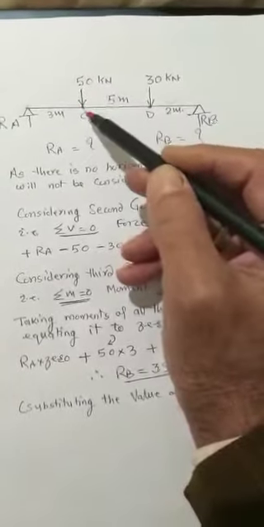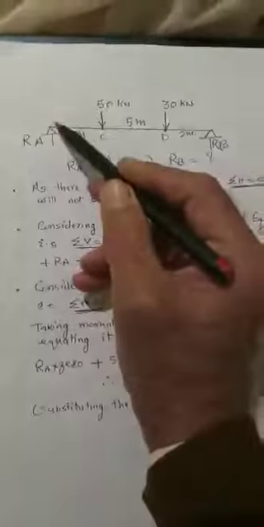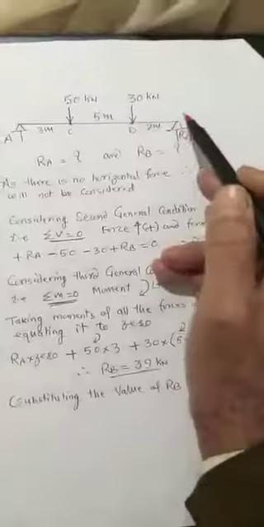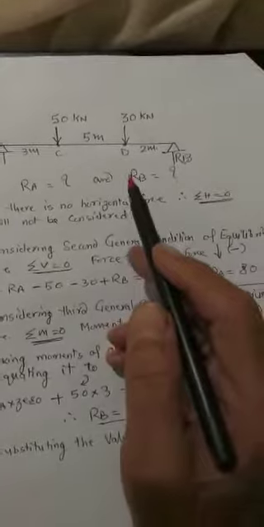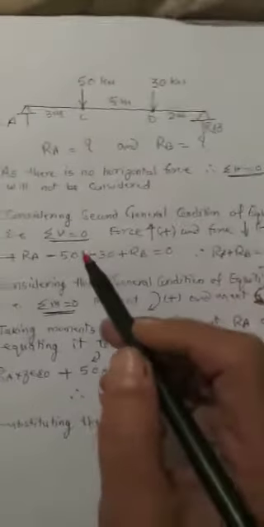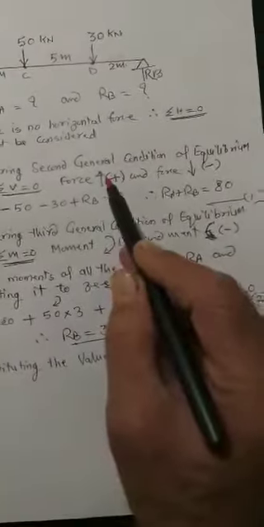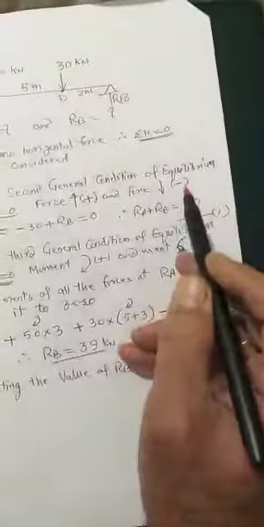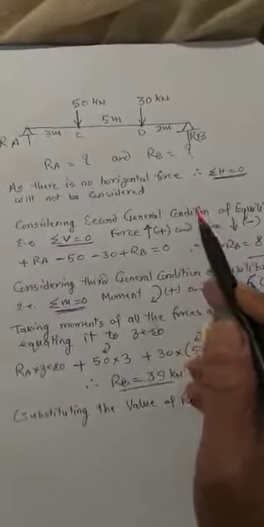That is, Ra and Rb are taken as positive, and 50 and 30 kilonewton will be taken as negative. Now I am applying the second general condition of equilibrium, sigma V is equal to 0, keeping in mind that force upward is positive and force acting downward is negative, and algebraically adding and making the sum 0.